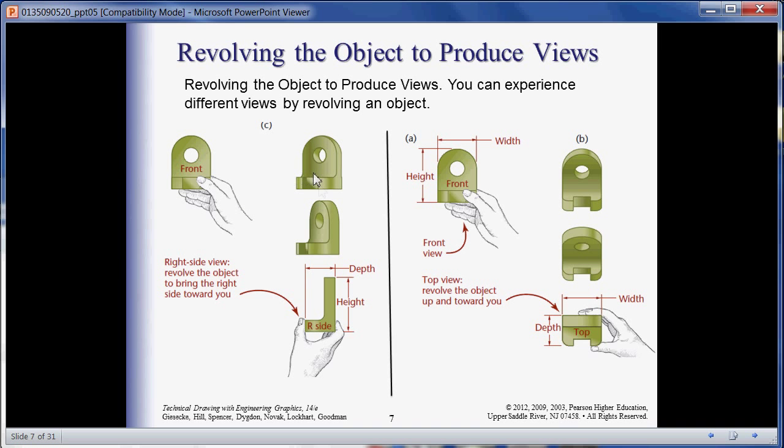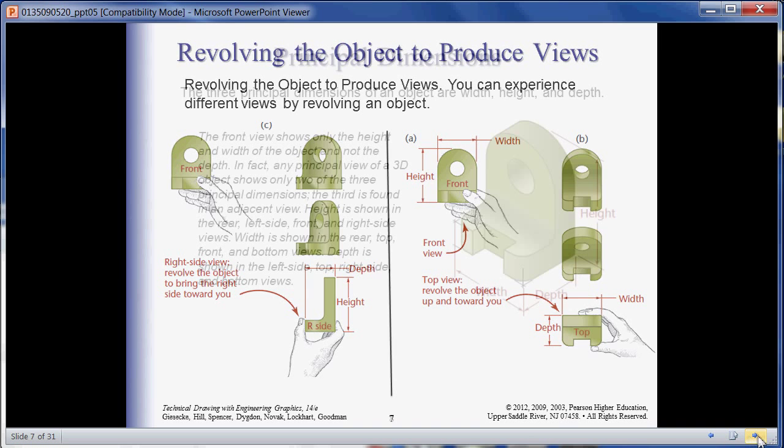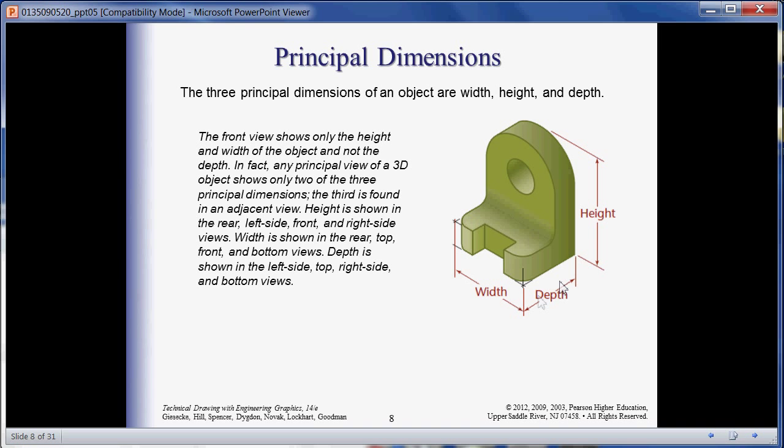As you turn, finally you get to the side view right here. Then if we want to take a look at the top view, we rotate this down, forward, so that you can eventually see the top view. Again, this is the width, this is the height, and here all of a sudden we have the depth. So we have the height, width, and then the depth.